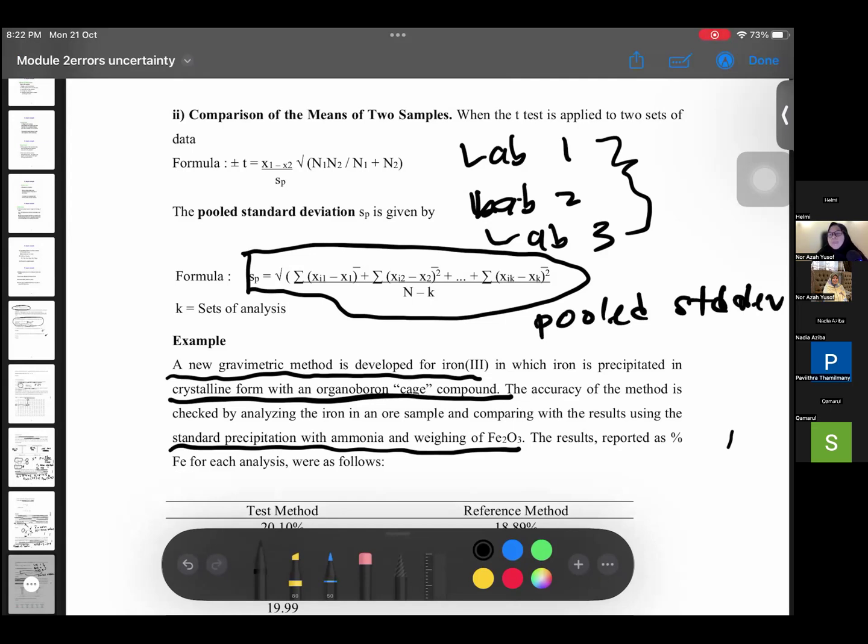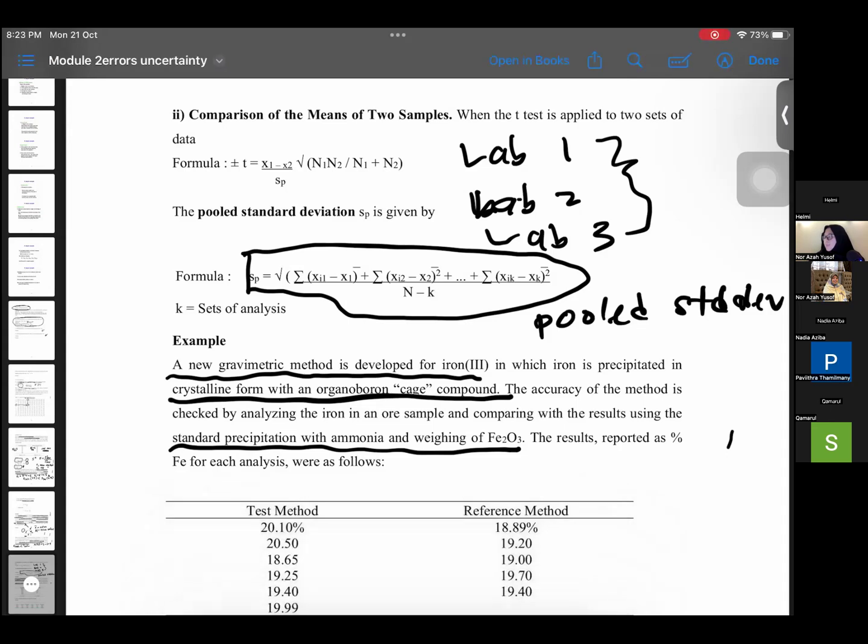The formula is very long. It's just like a series of standard deviations. I'm not going to ask you to calculate because, again, this is not a test of calculation. This is a test of how you understand the usage. So let's look at how the second t-test is handled.